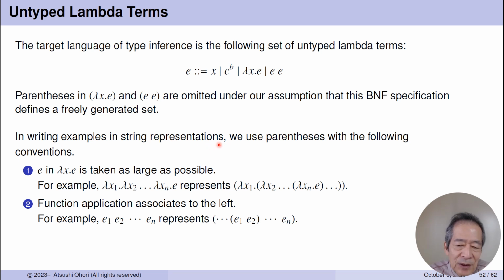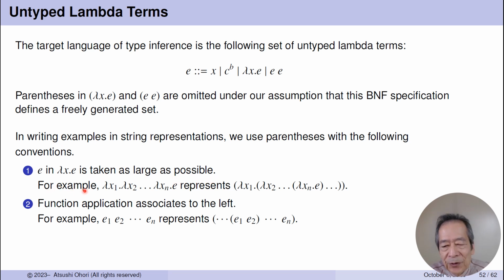In this representation, we use parentheses to disambiguate the structure, and we also use the following conventions. E in the body of this lambda abstraction is taken as large as possible.